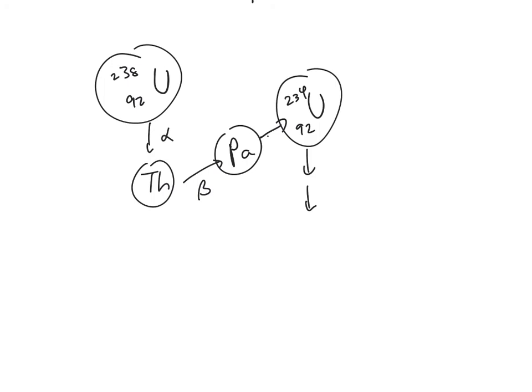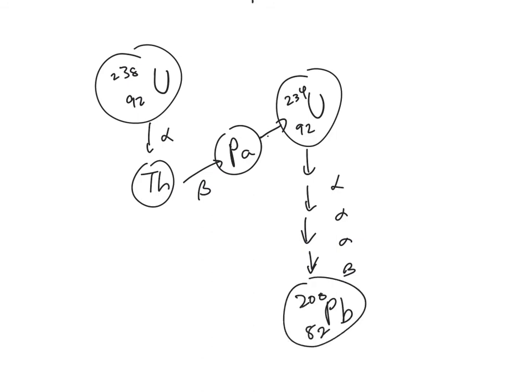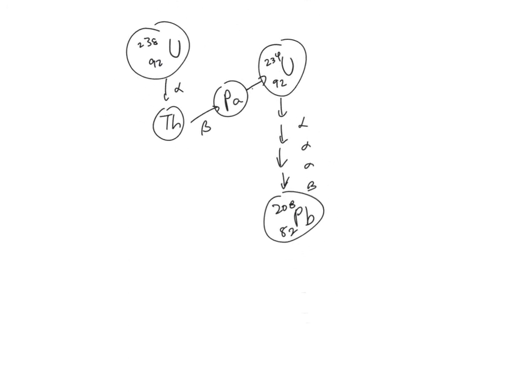Thorium, radium, radon, and so on. There's alpha, alpha, alpha, and then beta, and so on. And then finally it gets down to lead 82, 208. And the difference there I mentioned before is the 126.